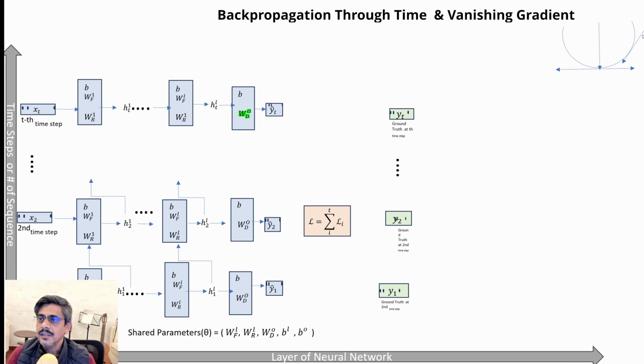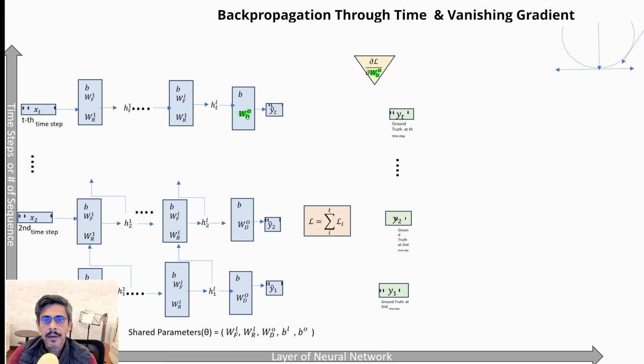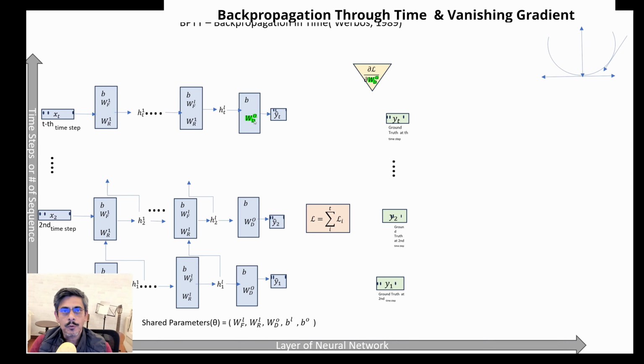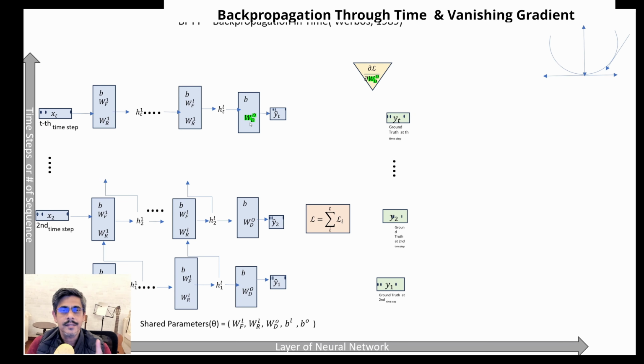We want to understand the slope of this bowl so that we can travel along this path to reach the minimum. Calculating the slope is nothing but differentiation, the derivative of the loss with respect to the parameter. The first parameter we are taking is WD, the weight for the dense layer.